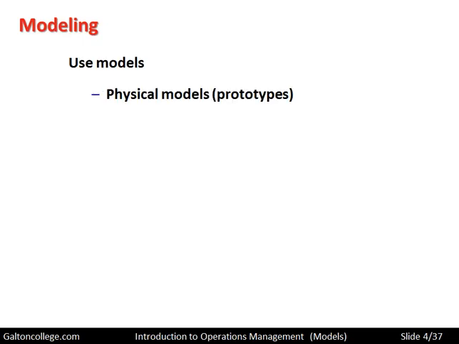So the use of models, well, we could have prototypes, as I said, a physical model. Sometimes when companies are asked to produce a new product, they will produce a prototype and show it to the customer. And if the customer approves, it meets the customer requirements, then it could go into full-scale production.